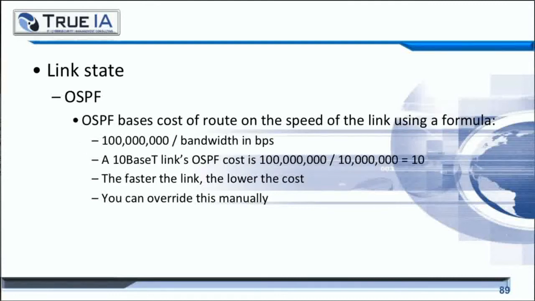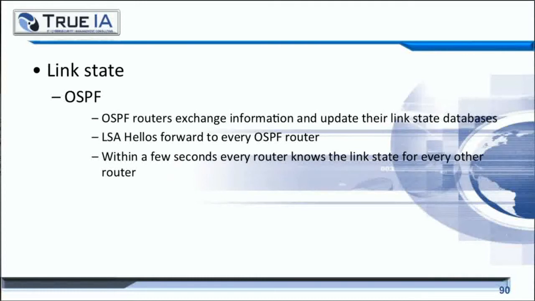Unlike the distance vector protocols, OSPF bases the cost of the route on the speed of the link using a basic formula. Essentially, the faster the link, the lower the cost. Now, you can override this manually if you so choose.